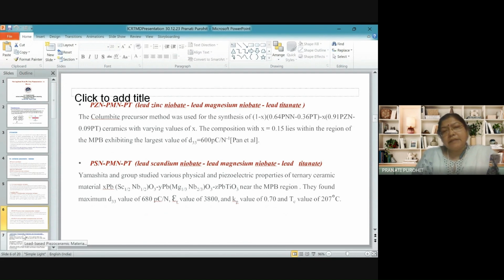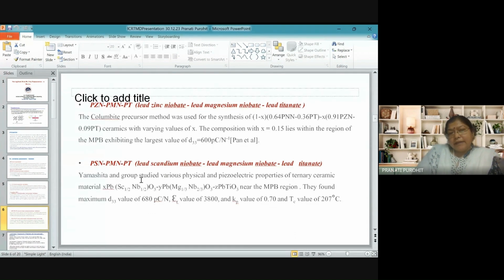By synthesizing this material with the columbite precursor method, it was found that the composition 0.64 PNN and 0.36 PT with PZN of 0.91 and PT of 0.9 ceramic with various values of X, the composition with X equal to 0.15 lies within the morphotropic phase boundary region, and this gives the highest D33 value, the piezoelectric coefficient, of 600 picocoulomb per Newton.